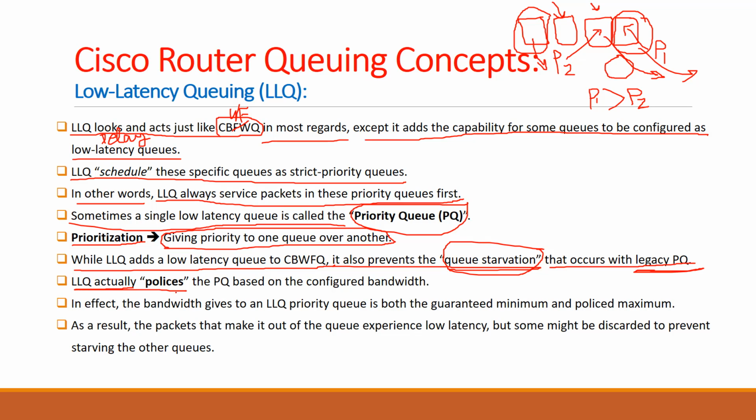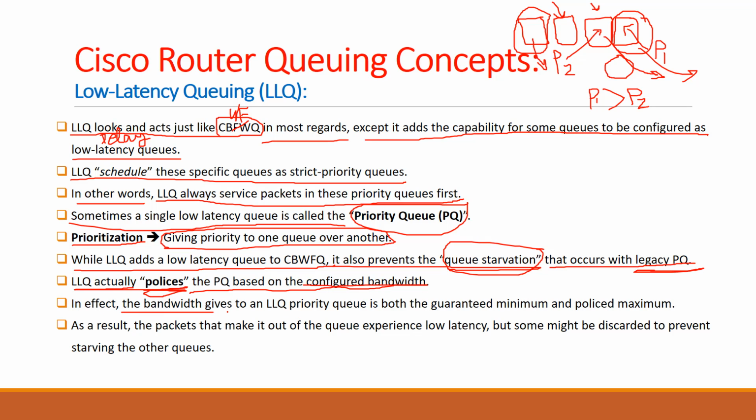LLQ actually polices, and we will learn what policing is in a later video when we demonstrate shaping and policing. So LLQ actually polices the priority queue based on the configured bandwidth.